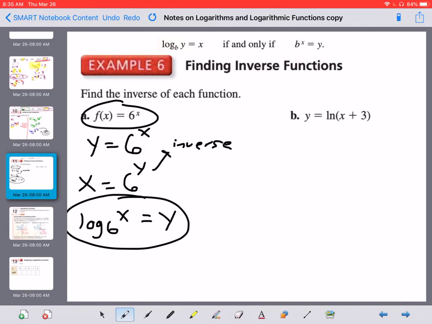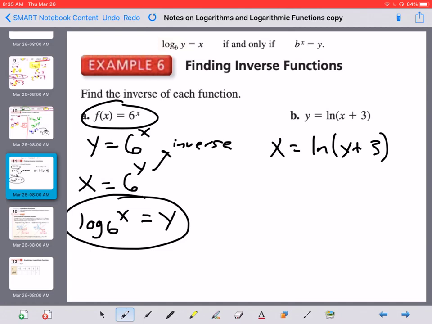Okay. So now over on this one. Y equals the natural log of x plus 3. So once again, let's just make it an inverse. Switch the x and the y. X equals natural log of y plus 3. Now remember, natural logs literally mean just logs of base e.